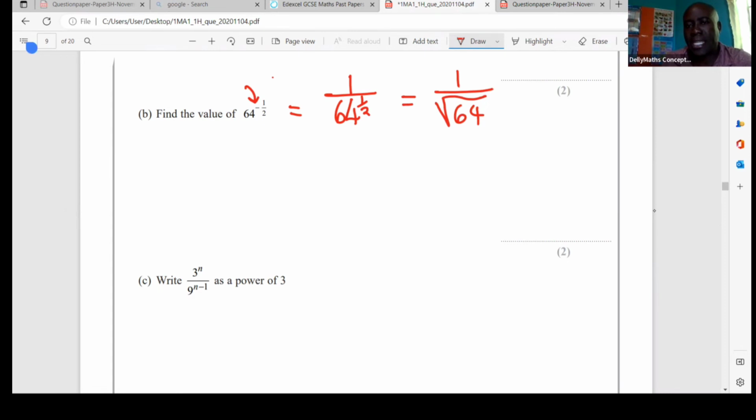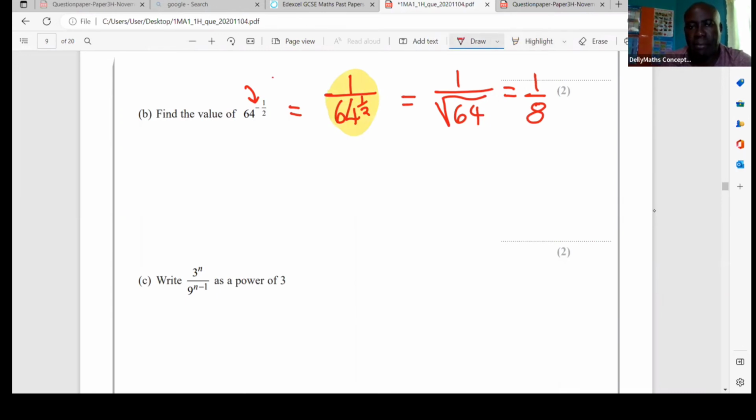So mentally, you know the square root of 64. The answer would have been 1/8. But let us say that you don't know the square root of 64. We would love to take this idea and represent it without a calculator.